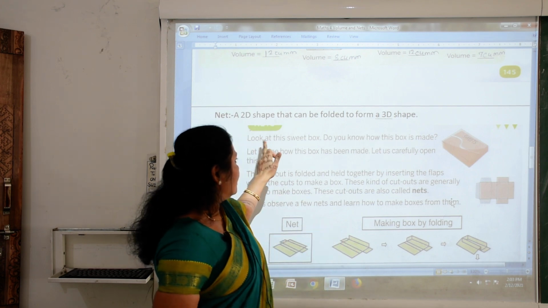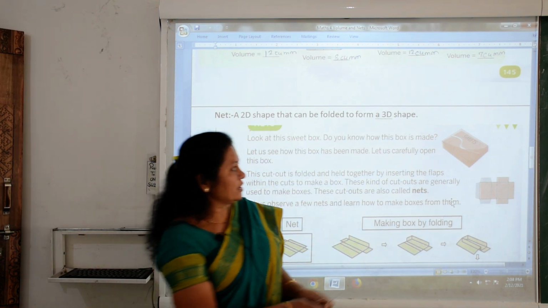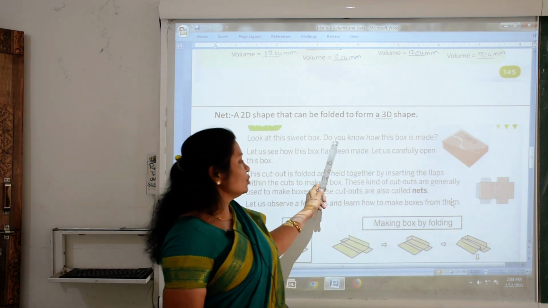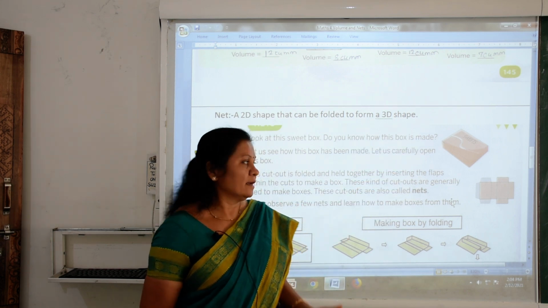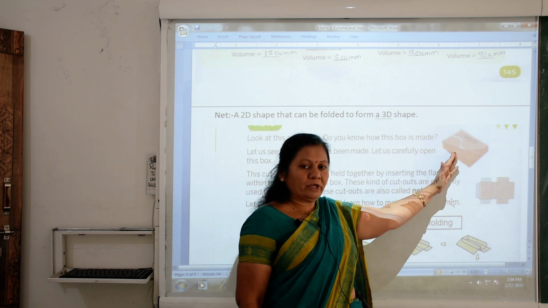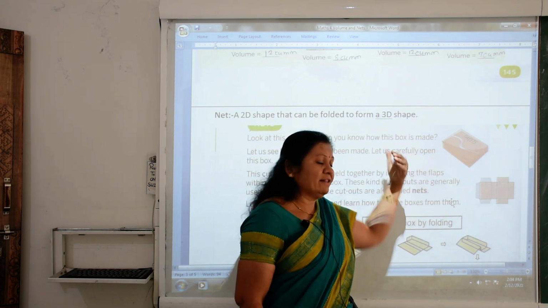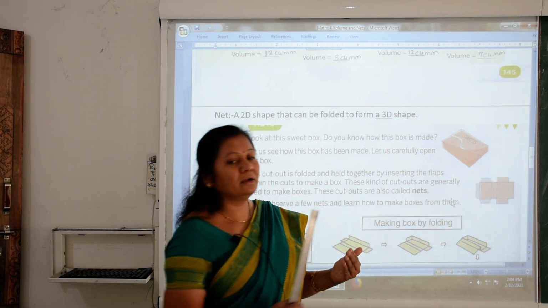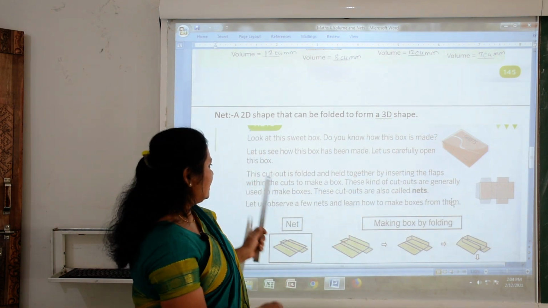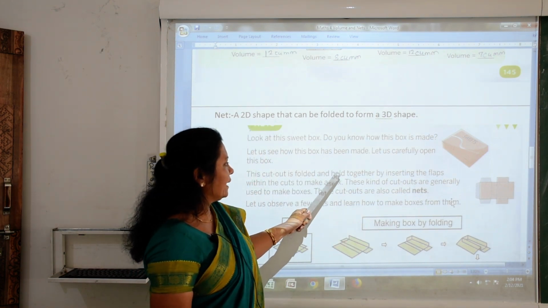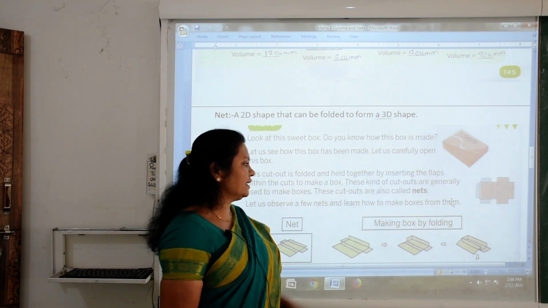So look at this straight box. आपको ये दिख रहा है, straight box दिख रहा है. Do you know how this box is made? They look like 2D shapes, but when we open the box, it shows 3D shapes. These are cut out, folded and held together by intersecting the tabs.